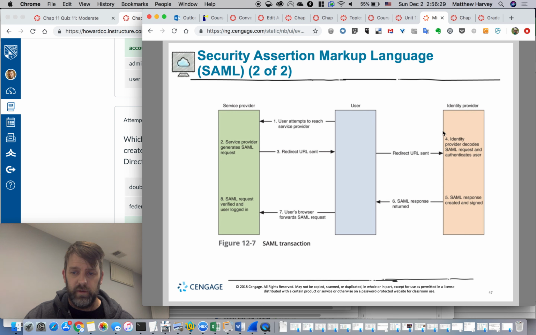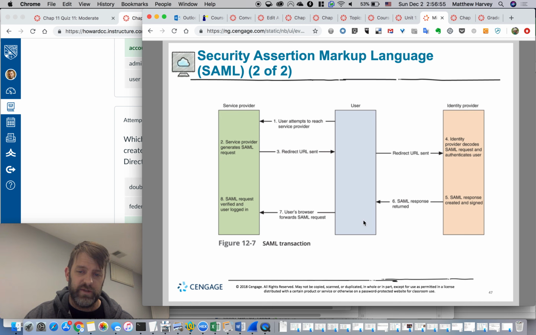You log into Gmail. Your SAML response is created by Gmail saying that you successfully logged in. It sends that to you. You pass it along to the original service provider, and this is cryptographically signed, which proves that Gmail really sent it. You know how we talked about signing and non-repudiation?